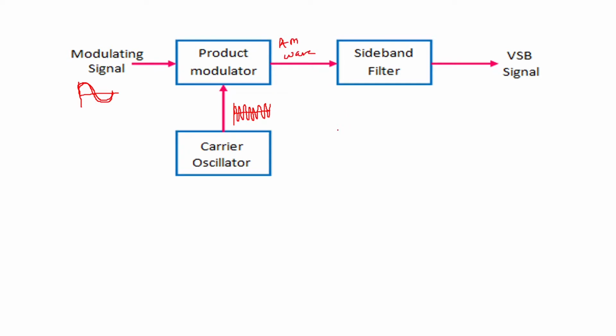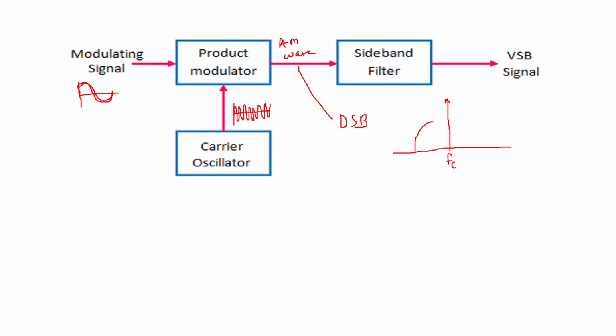Now the amplitude modulated wave you get here will be double sideband. That means if you see the frequency spectrum for double sideband, say this is your carrier frequency.